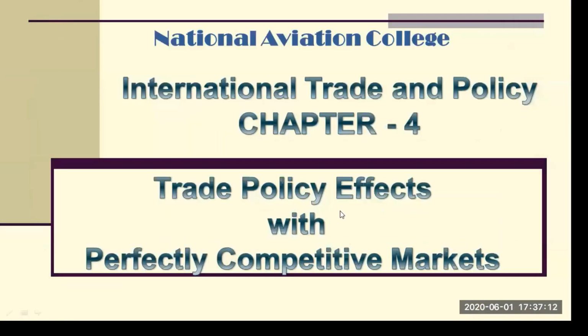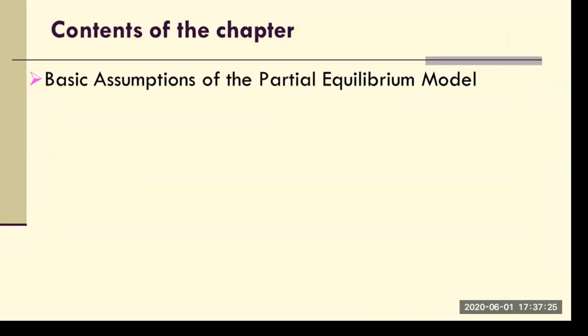Under this chapter, we are going to see trade policy effects with perfectly competitive markets. It is the continuation of the previous one. We are going to see the basic assumptions of the partial equilibrium model, what partial equilibrium is, and what the basic assumptions are.